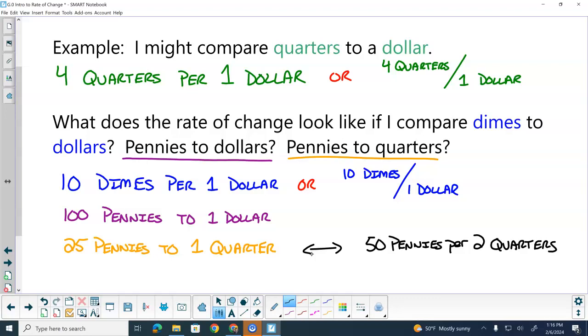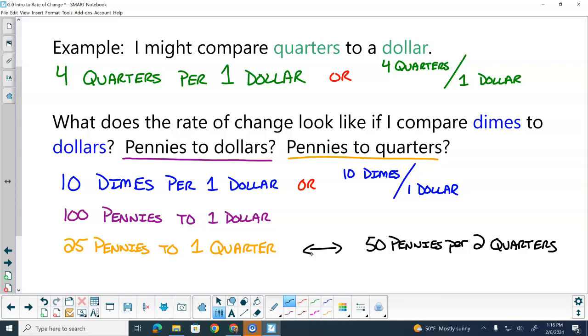Okay, can you clean it up a little bit for me? Are they equal? In that last line, are they equal? You sure? I'm not sure. Okay, well, so you agree that 25 pennies is 1 quarter? Yeah.